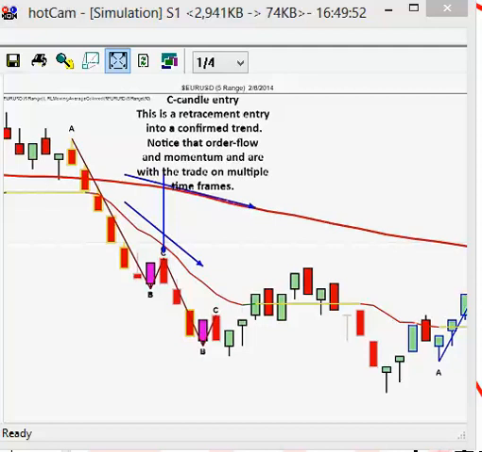They're caught long here. Then they're engulfed to the downside as new sellers come in. And remember, this is institutional money creating this short trend, and we don't want to counter trade. So we're in one tick below the close of C, and down we go.